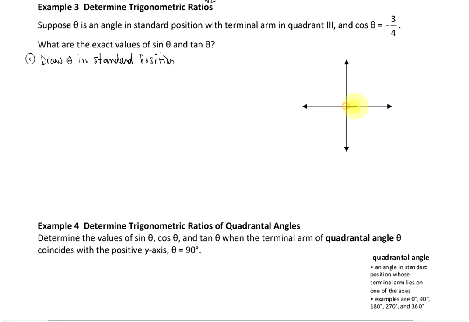So here is our initial arm, and here is our terminal arm in the third quadrant. Give our angle direction. Okay, and recall that your reference angle is between the x-axis and the terminal arm.